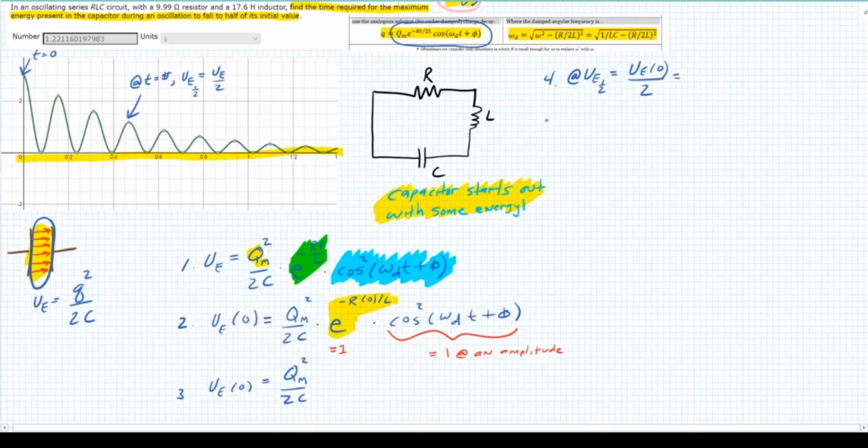Number 5. UE at some time, that's my T half, is going to equal QM squared all over 2C, e to the minus RT over L. So T is not equal to 0.